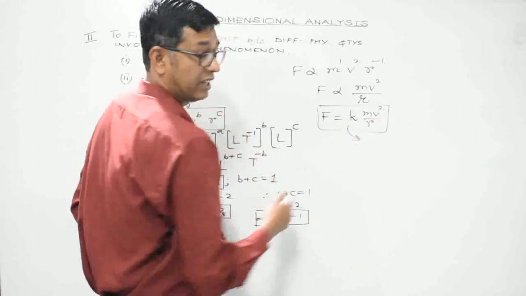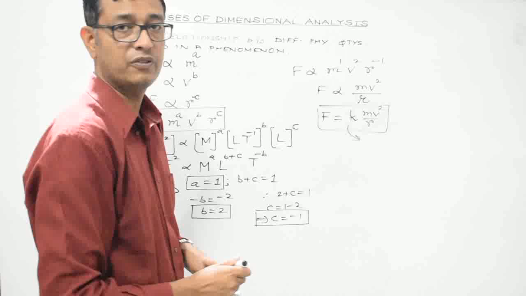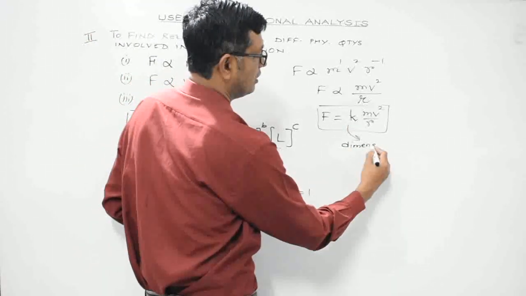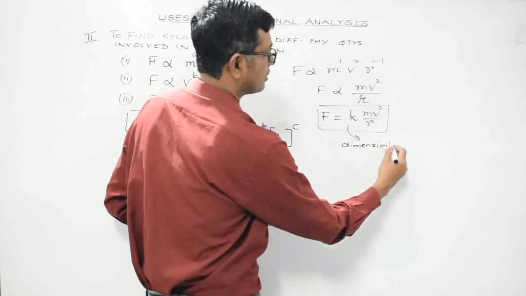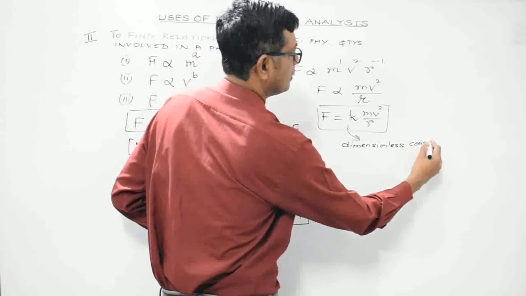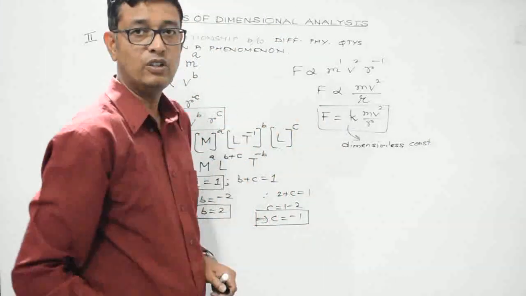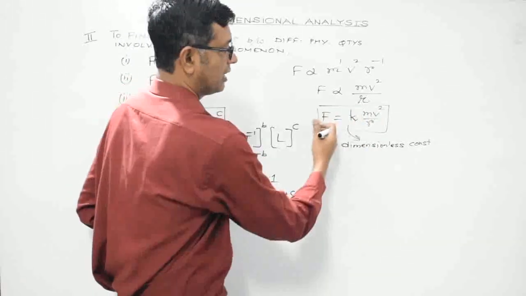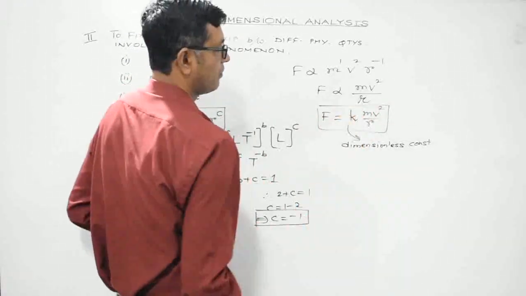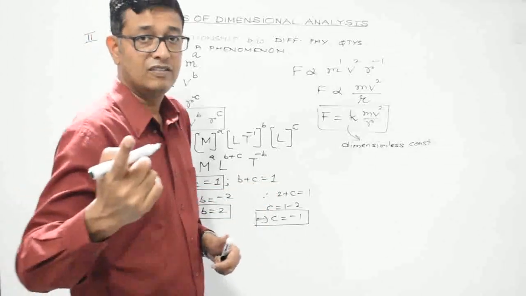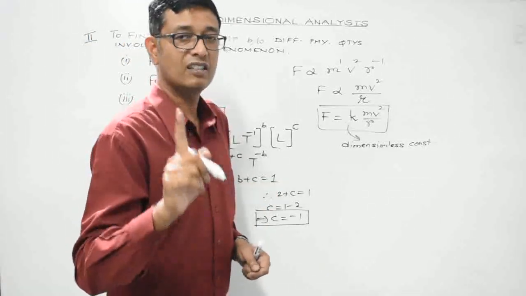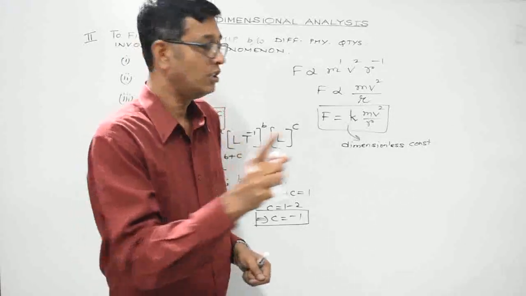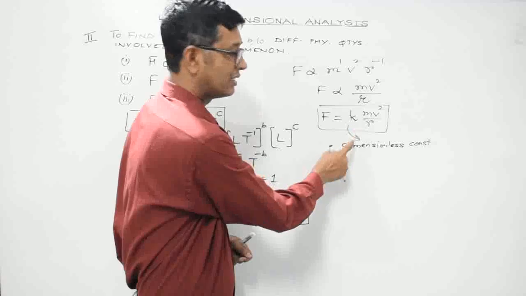This k, again I am stressing this particular fact, that k over here is a dimensionless constant. It has a constant value but no dimensions. Right? It is only then that they can be dimensionally correct. So one of the drawbacks of dimensional analysis is that it can't be used to determine the value of k, which is a dimensionless constant.